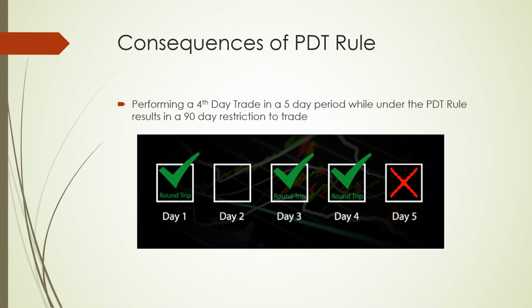And so what this means is that you're not going to be able to trade for 90 days afterward, which is actually a pretty restrictive consequence to the PDT rule. If you do break this, you're not going to be able to trade for 90 days, which could really hurt your chances to grow your account. So you really have to be careful with day trading, especially around this PDT rule.